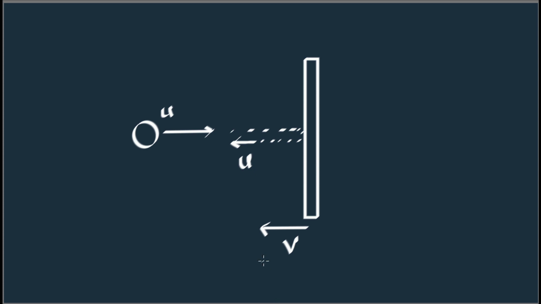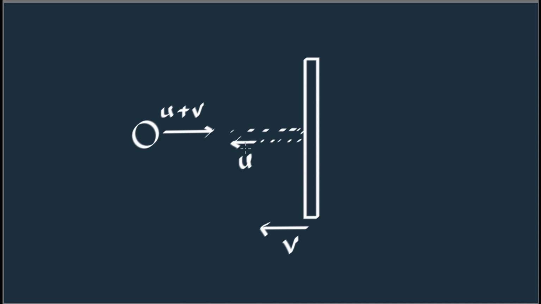It's very simple. We know what happens when the wall is stationary, so get into the wall frame of reference. In the wall frame of reference, the wall is stationary and the ball comes in now with the velocity u plus v. Remember, in the wall's frame, the ball is now coming faster because the wall is moving towards the ball.